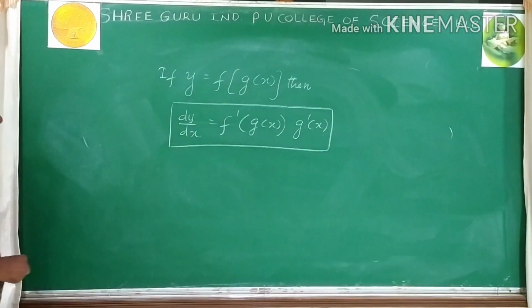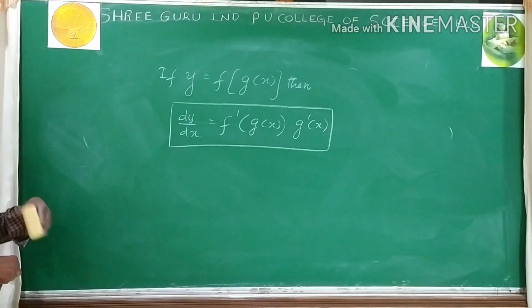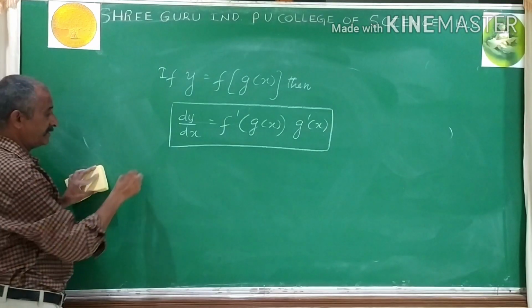This is dy by dx when we have two functions, namely f and g. Next, it can be extended.